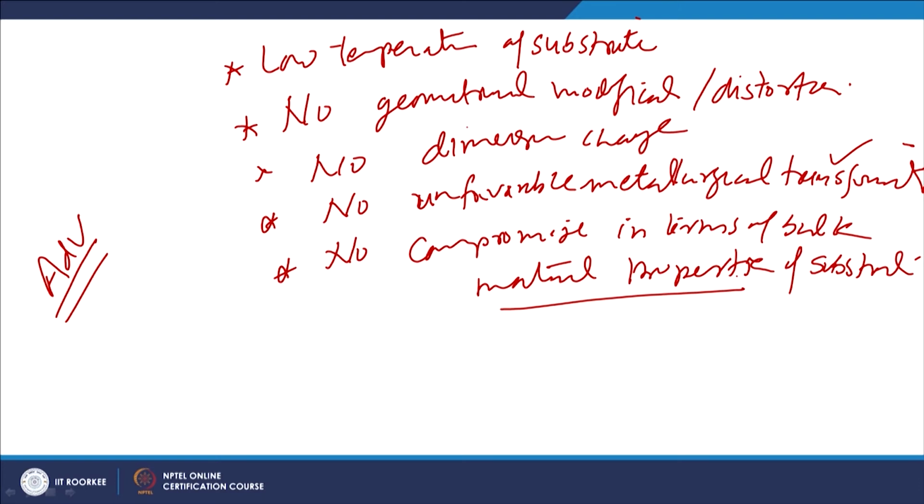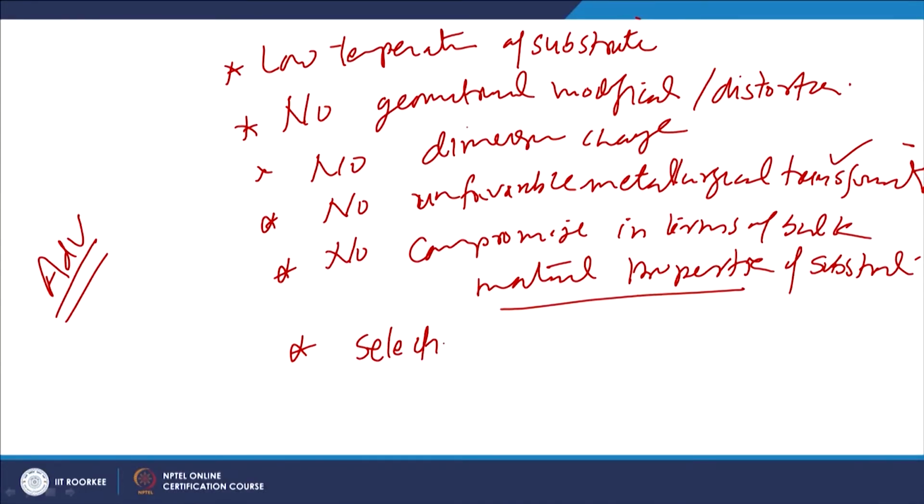At the same time, this process also can be applied very selectively. So, very selective surface areas can be modified. Whatever small or large functional areas are there, those can be modified very effectively in a very selective manner.